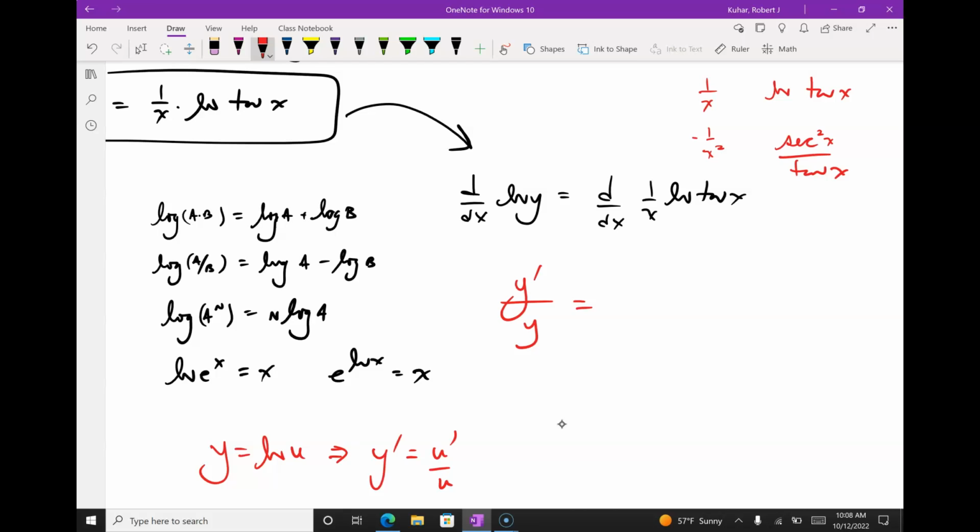Derivative of tangent is secant squared. Inside is tangent, so secant squared x over tangent of x. u prime over u. So on the right-hand side, what do I get here? I get x times the secant squared x over tan of x minus 1 over x squared times the ln of tangent of x.